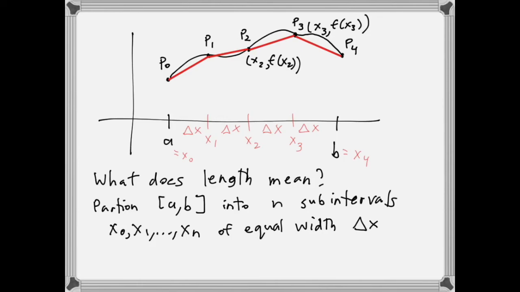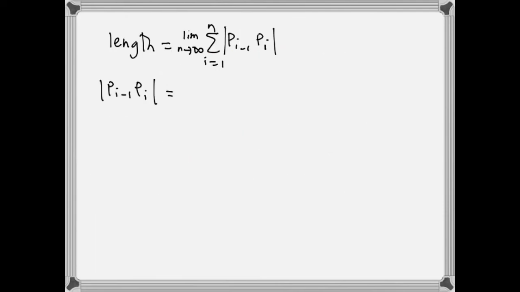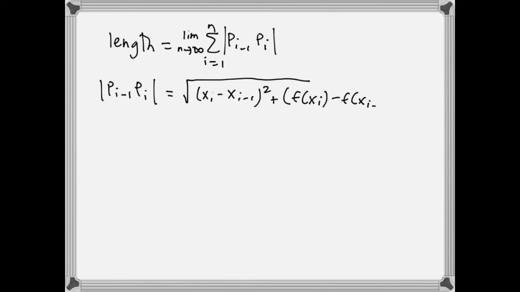We know that the distance formula is you take the square root, and then you subtract the x's and you subtract the f's and you square both and then you add them, right? So if we were doing this with the ith one, it would just look like this. The square root of x_i minus x_(i-1) squared plus f of x_i minus f of x_(i-1) squared. Right? It would be all of that stuff.